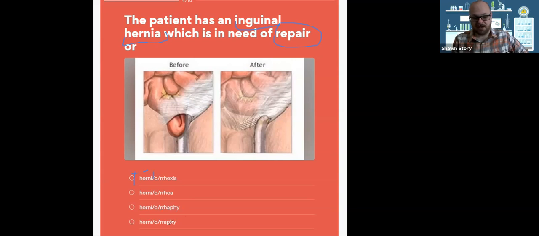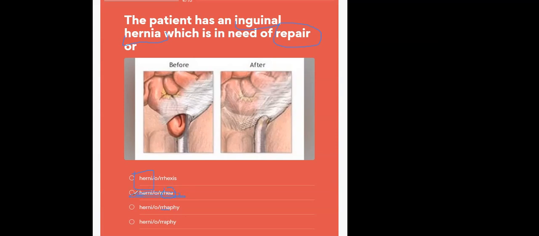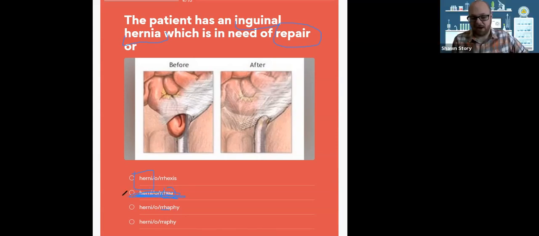Yeah, there's an H there. We know rrhea means heavy flow, so it can't be that. Which one would mean repair?